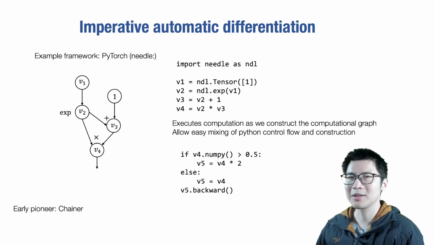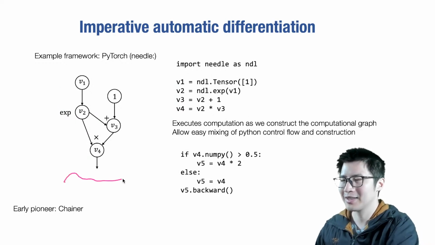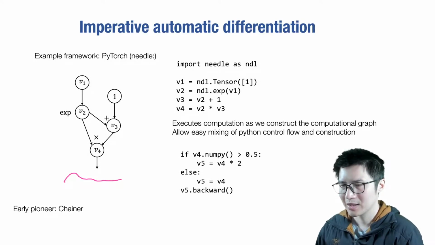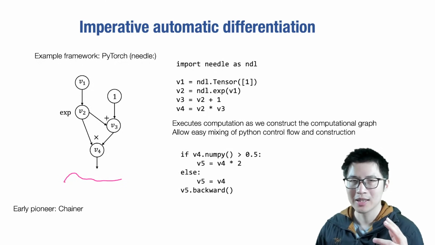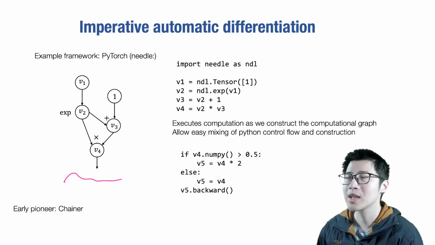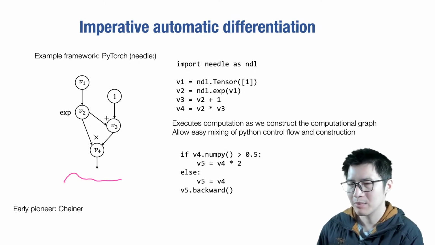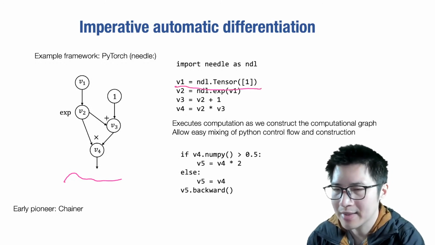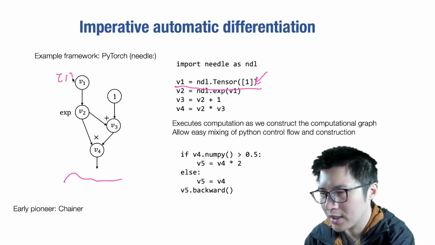On one hand, the computational graph on the left-hand side looks similar. So what's happening behind the scenes, and what's the difference between this imperative automatic differentiation API versus the declarative computational graph API, is that besides computing the computational graph, when we do V1, we concretely specify this is value 1 here.